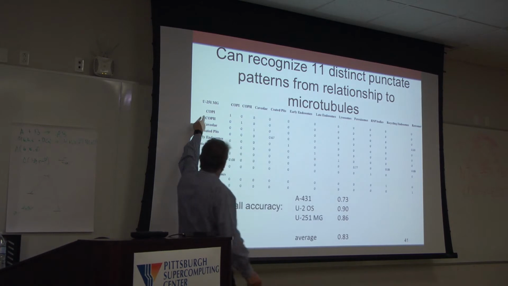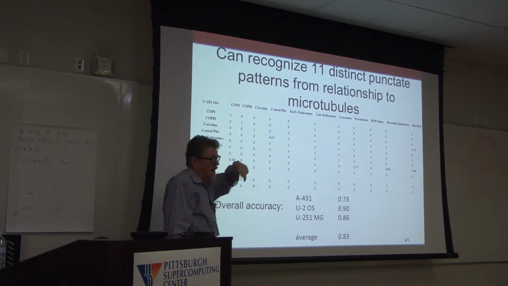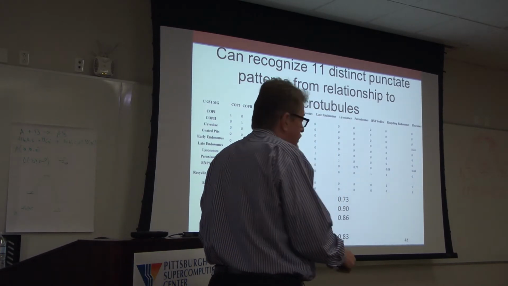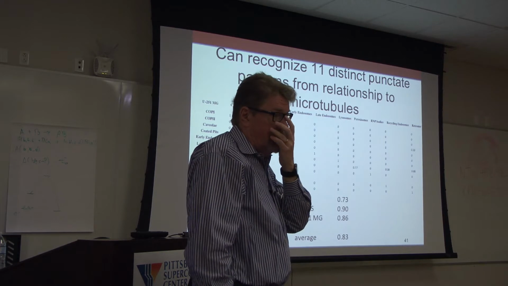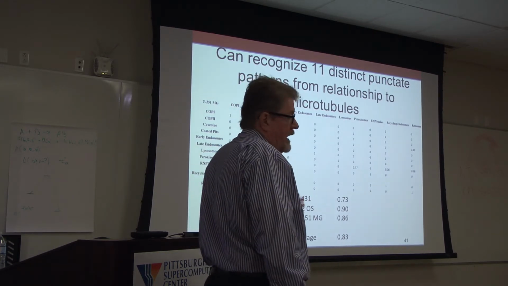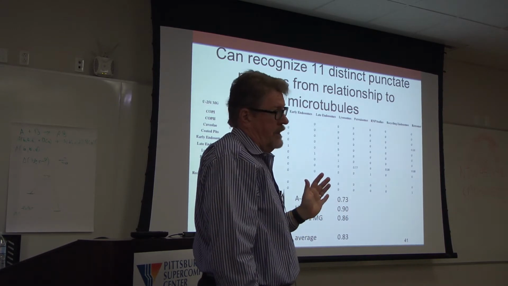So here are the organelles, and here is the accuracy of classifying them. Overall, 83% of those individual images were correctly classified. Now, no human could come anywhere close to being able to do that.